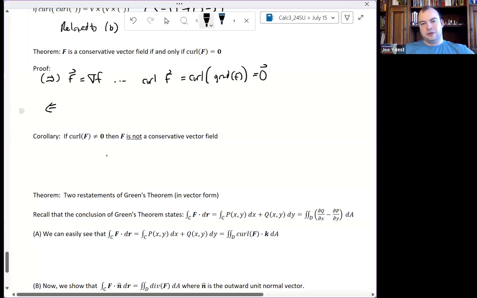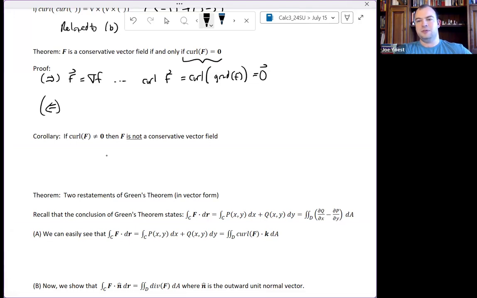For this direction of proof, to prove that if the curl is 0 everywhere, then F is a conservative vector field, we really can't do this at this point, but this is a consequence of Stokes' theorem. It has a little bit of the feel to me of how Green's theorem helped us prove the partial derivative test for conservative vector fields.